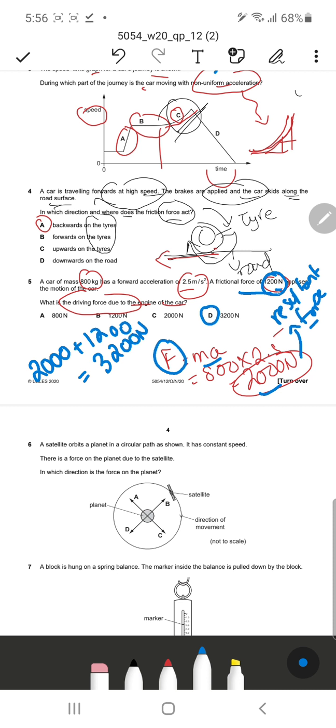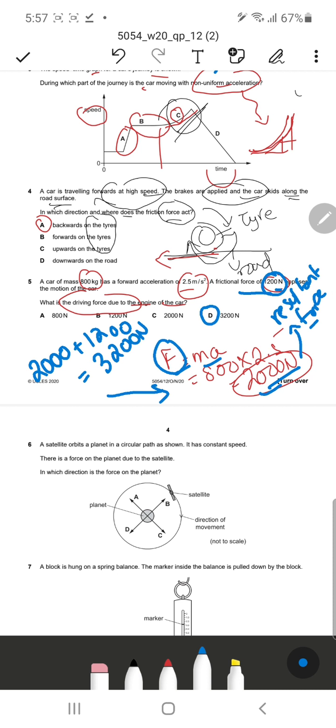So once again, why are we adding this 1200 newton force? Because we are getting this resultant force. This means that 2000 newtons is acting completely in the forward direction. Okay, that means by 2000 newton force it's pulling forward, but there was a total of 3200 newtons and this 1200 newton is actually a backward force.